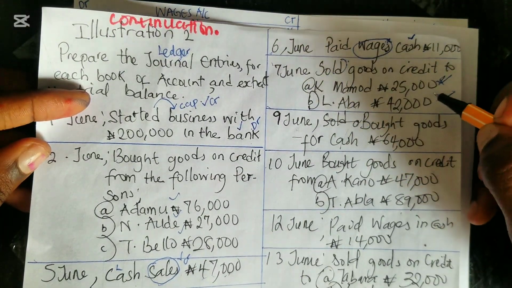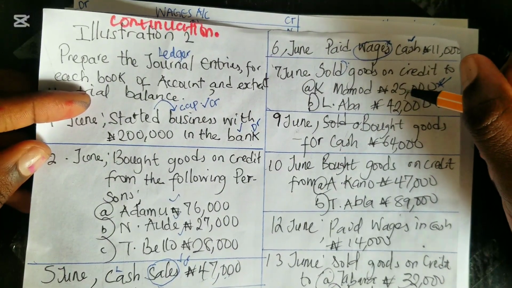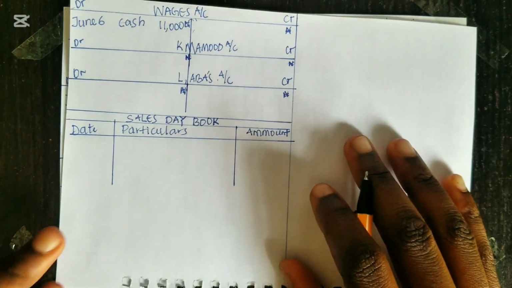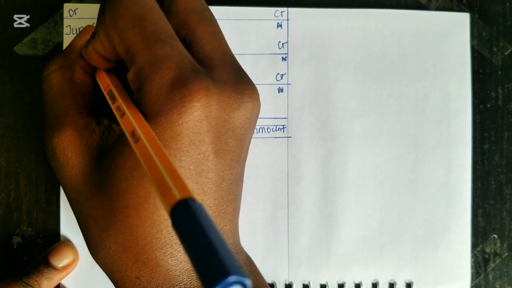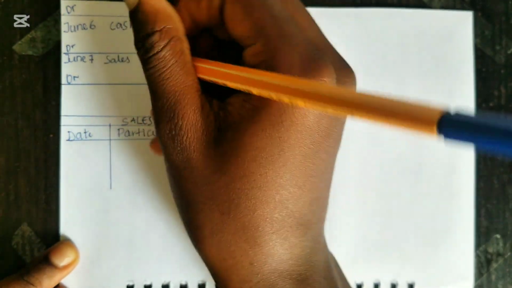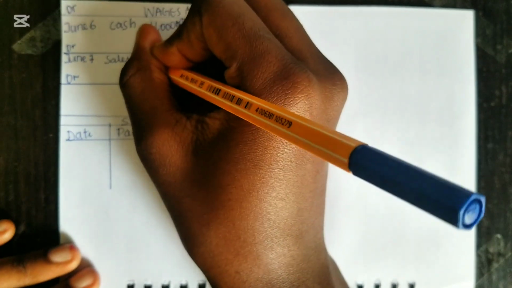Yes. So because that's true, we're going to be debiting K Mahmood and El Abbas of 25,000 and 42,000 naira respectively. So we're going to write June 7th. So what are we going to write here? Sales. And how much is it? 25,000 naira.